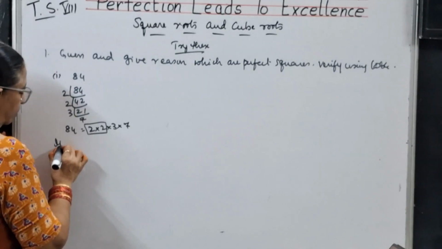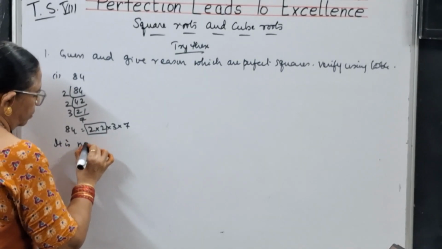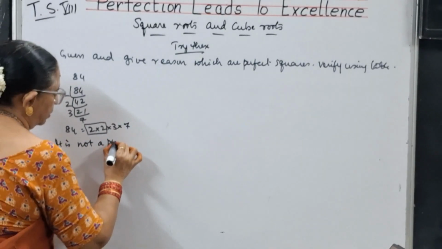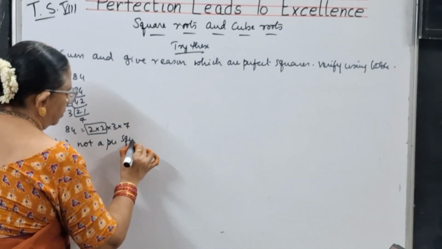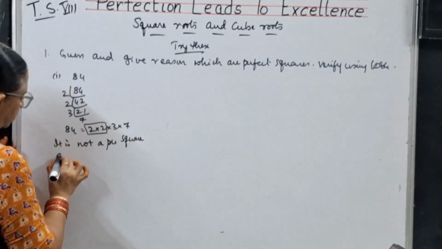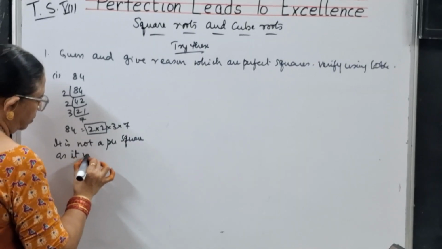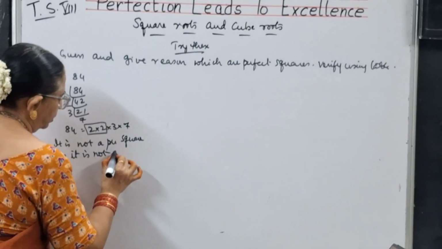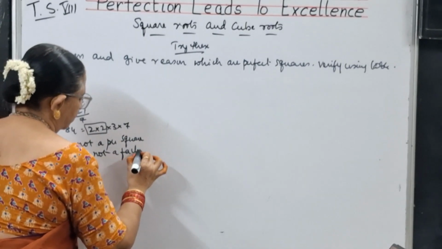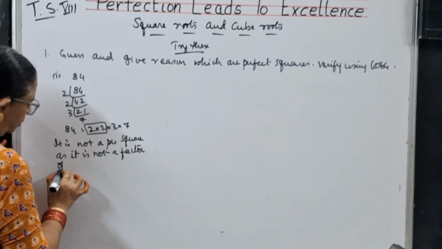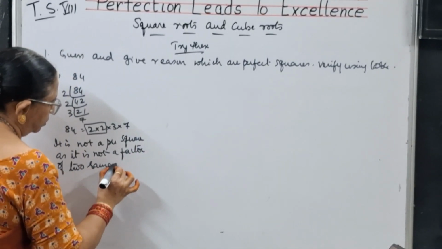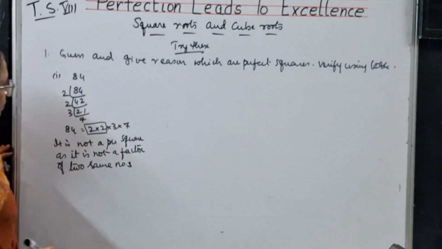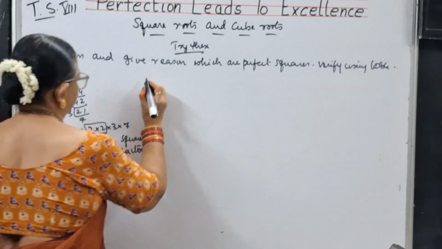So it is not a perfect square, as it is not a factor of two same numbers. This is the reason why you are saying for the first one.